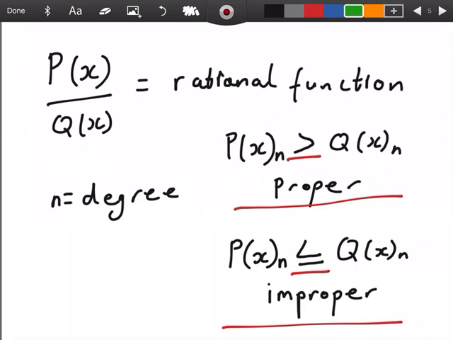Now, we were just talking about degrees of functions, and if the top part, the numerator of the fraction, has a lower degree than the denominator, which in this case is q(x), we call it a proper rational function. And if the numerator has a degree greater than or equal to the degree of the denominator, then we call it an improper fraction.